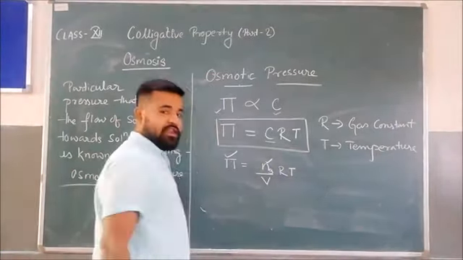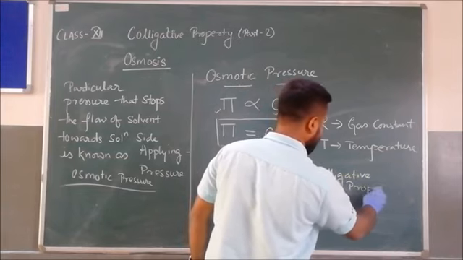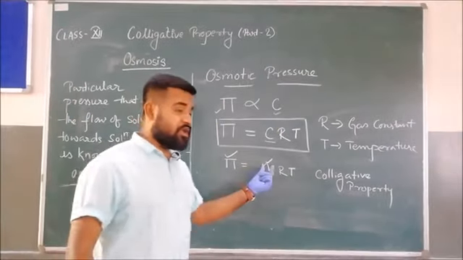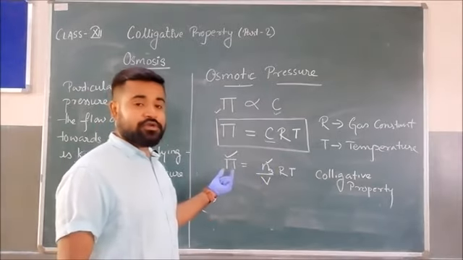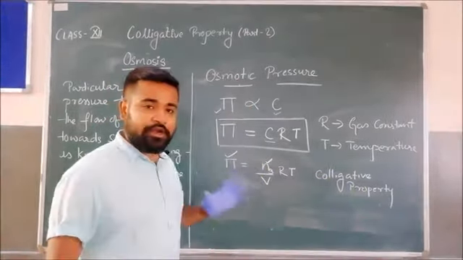That's why this is a colligative property. Clear? What is nB here? The number of moles of solute, which is directly proportional to osmotic pressure.